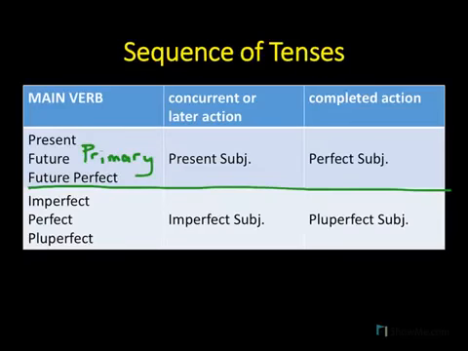You might then guess that a main verb in the past time will kick off the secondary sequence. So the secondary sequence consists of a main verb in the past time plus either an imperfect subjunctive or a pluperfect subjunctive.